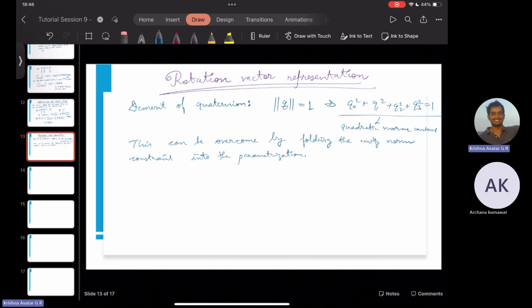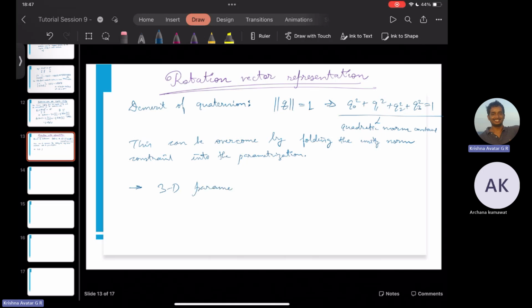Of course, in order to satisfy such a quadratic norm constraint, you can do it in an infinite number of ways. But one of them, which is very useful and comes in handy, is what we call the 3D, three-dimensional parameterization of the quaternion.